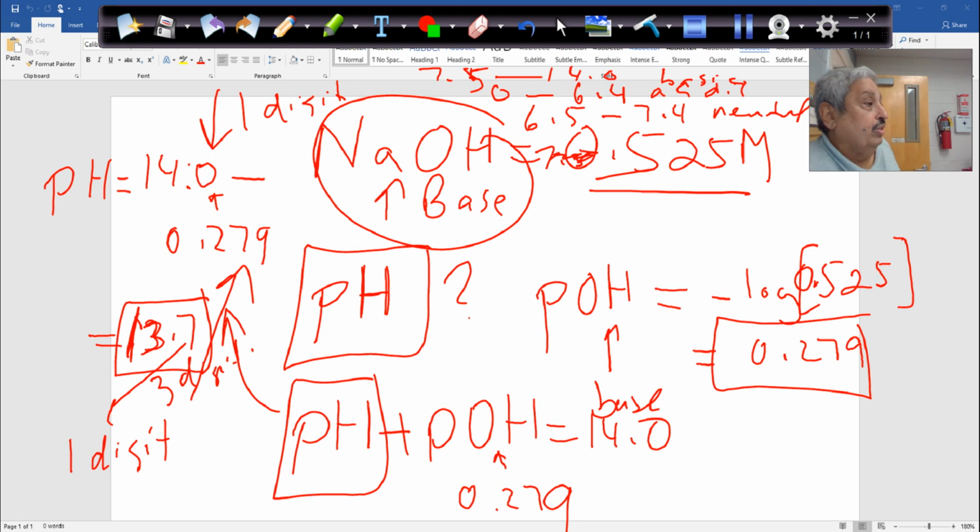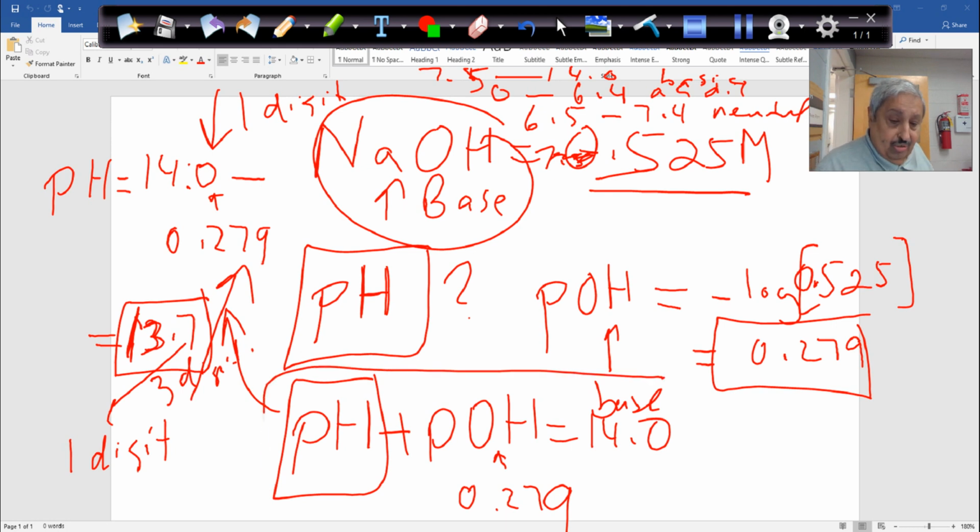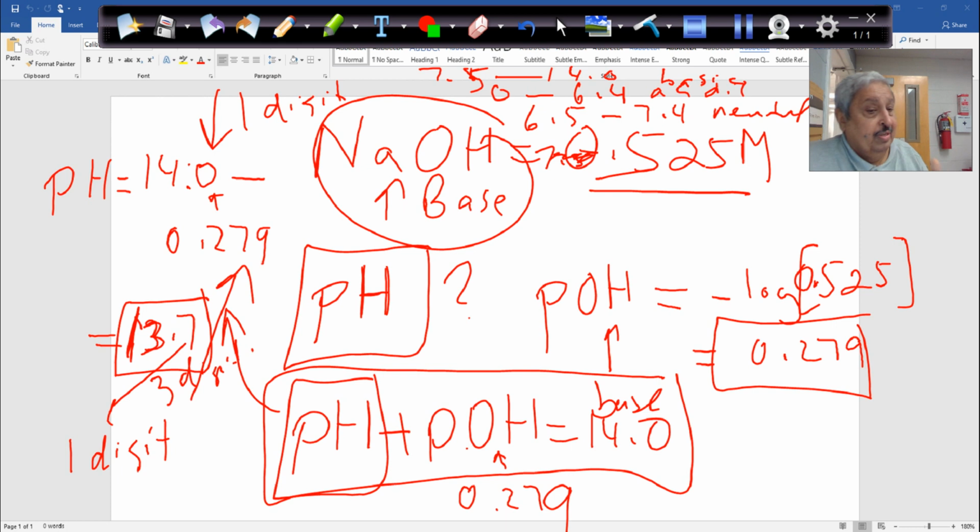So the answer is 13.7. Now you have to watch. Whenever you get the sodium hydroxide, the base, you cannot take the minus log as the pH. The minus log you get, that's a pOH, the negative log of the concentration of the base. You get this value, subtract it from 14, because pH plus the pOH will be 14.0. Correct, guys?